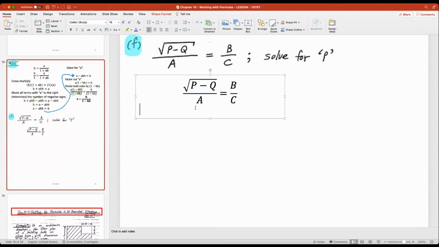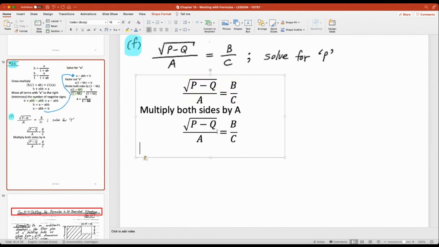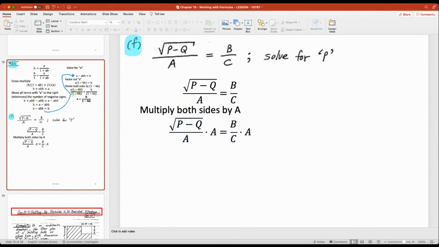So let me not clear the fraction this time. Let's just get rid of the A. So we're going to multiply both sides by A. If we multiply both sides by A, like that, then these A's on the left will cancel.